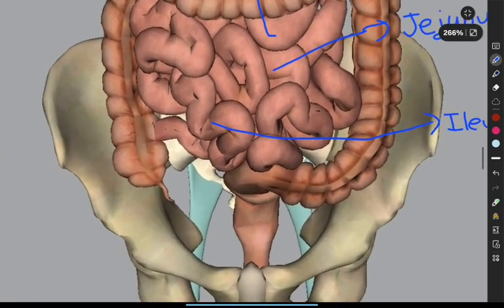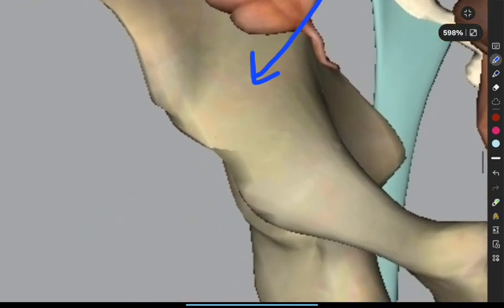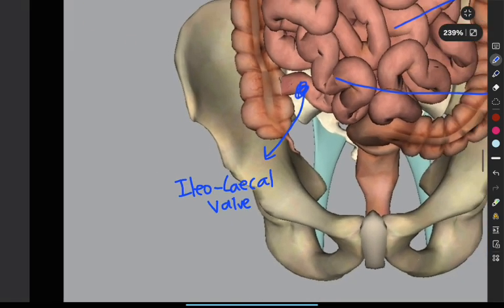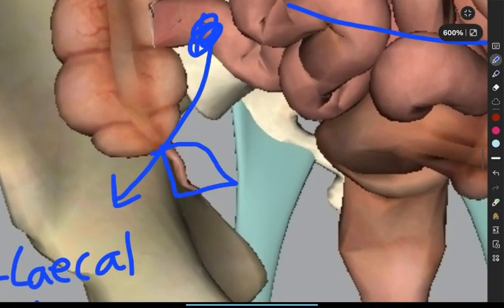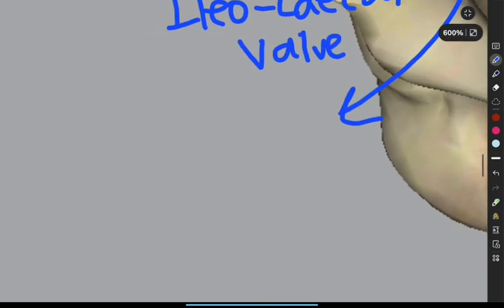Okay, now it gets separated from the large intestine via a valve, which also separates the food from the fecal matter, and which is known as the ileocecal valve. Okay, this long structure which you can see is known as the appendix.